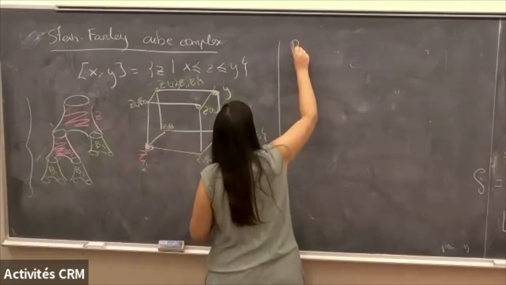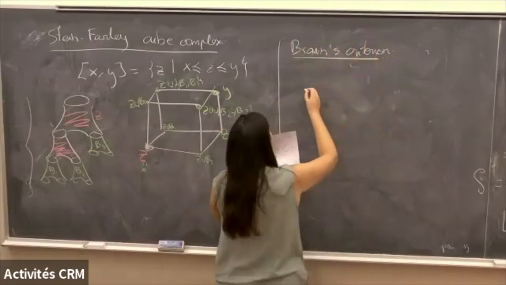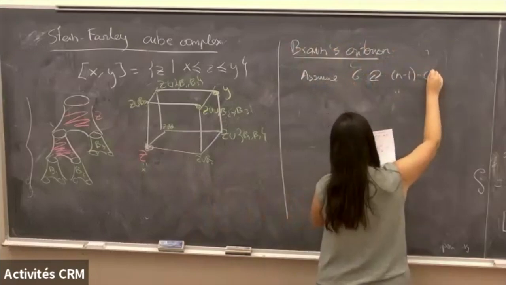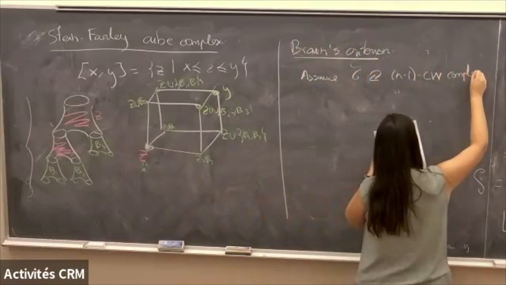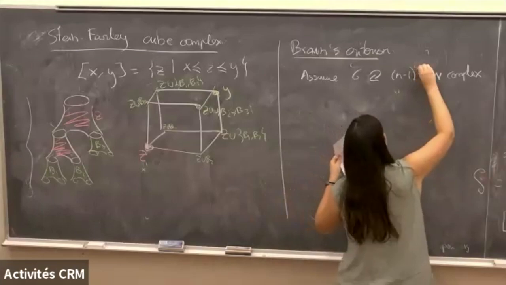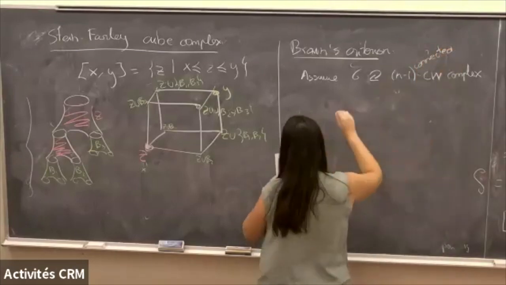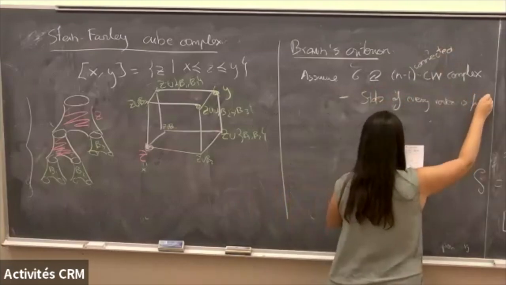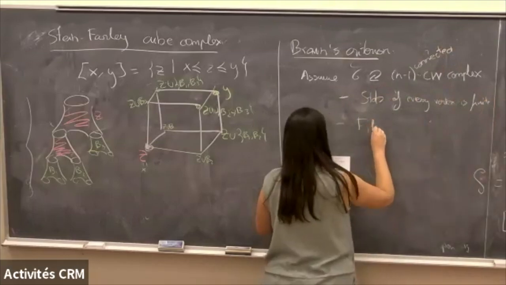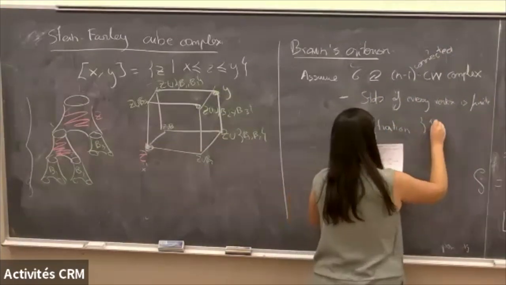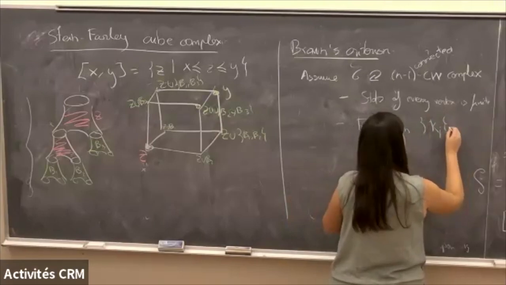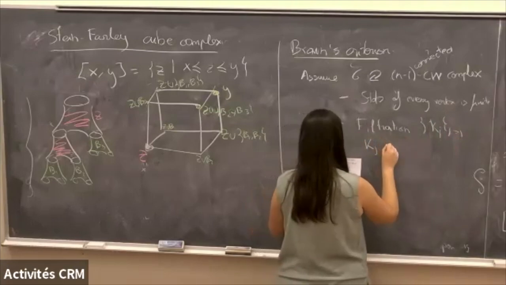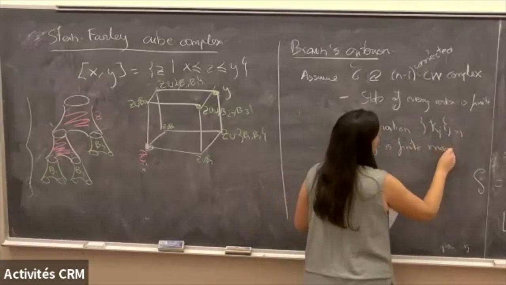So we use one thing called the Brown criterion that says that you assume that G acts on an n-1 connected CW complex such that the stabilizer of every vertex is finite, and we have a filtration such that every element of the filtration is finite modulo the action of G.